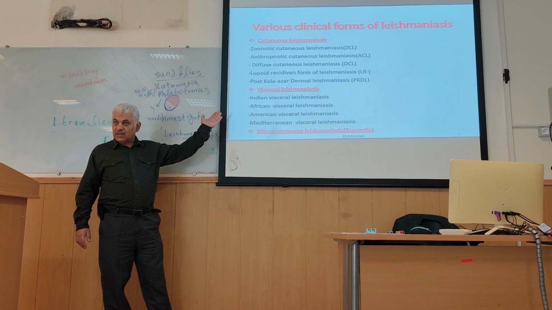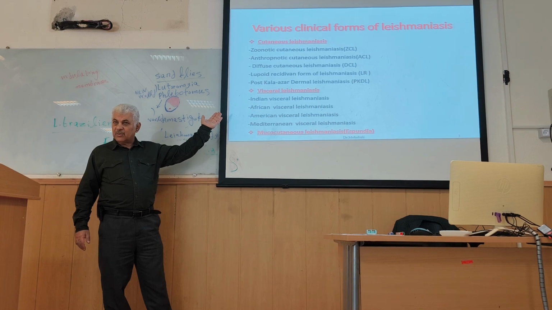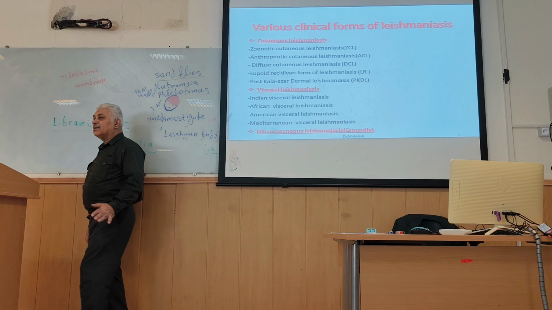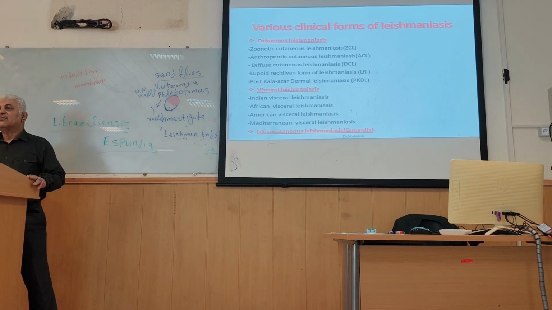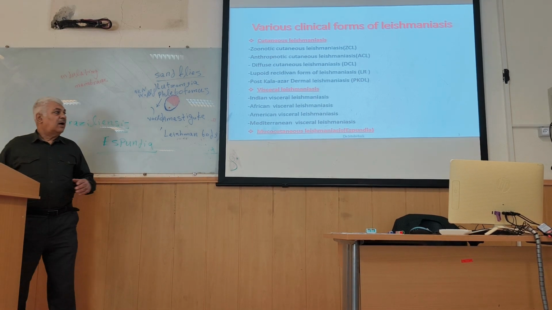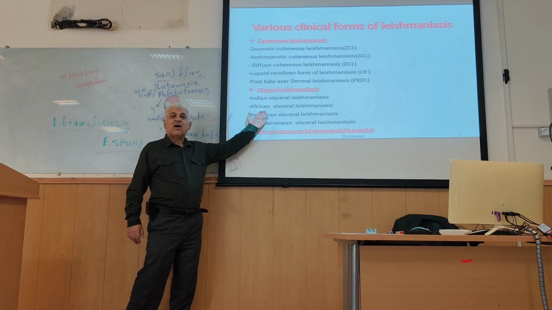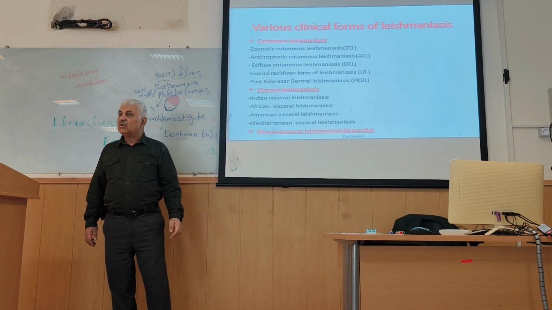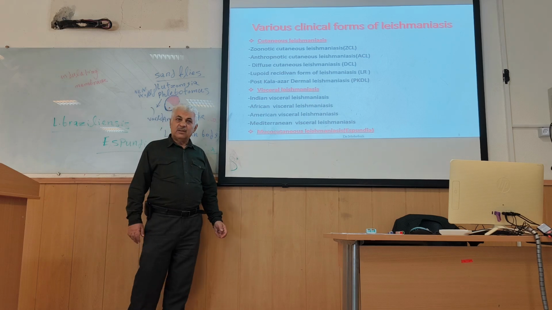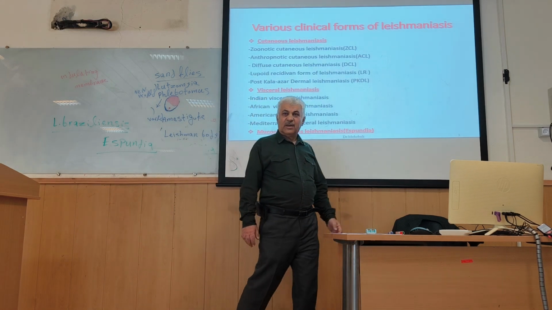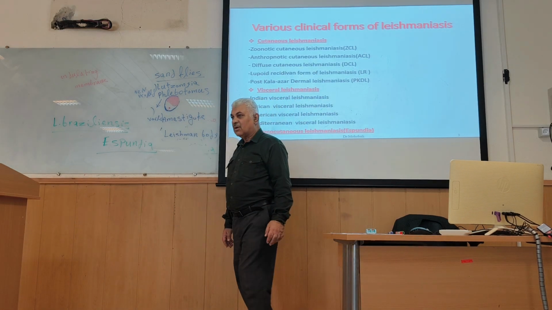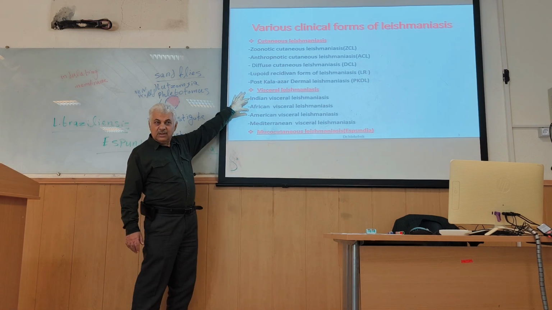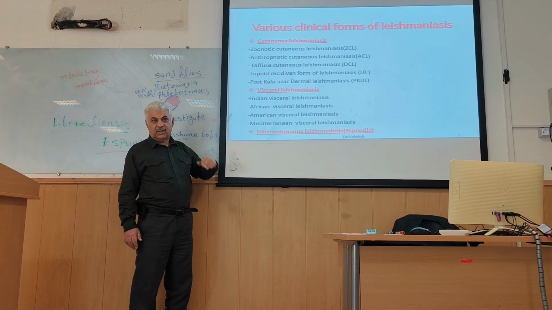Indian visceral leishmaniasis is caused by Leishmania donovani, and infected humans are the reservoir host. The other form is African visceral leishmaniasis, caused by Leishmania donovani or Leishmania archibaldi. This is an anthroponotic form, and infected humans are the reservoir host. These are the anthroponotic forms, Indian and African.